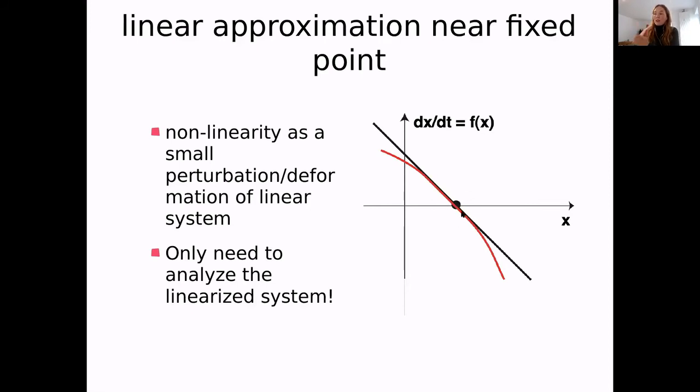So the nonlinearity here can be seen as a small perturbation of a linear system, which has qualitatively the same behavior. And what is nice is that we only need to analyze the linear system, because this is much easier than analyzing a nonlinear system.